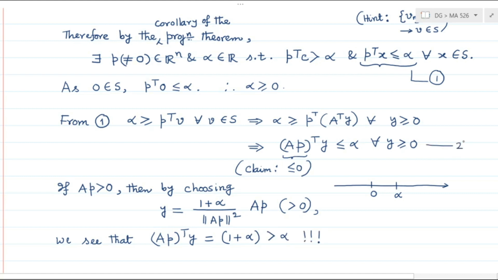This is contradictory to the inequality 2. This is not possible, and this is due to the fact that you have chosen AP greater than 0.